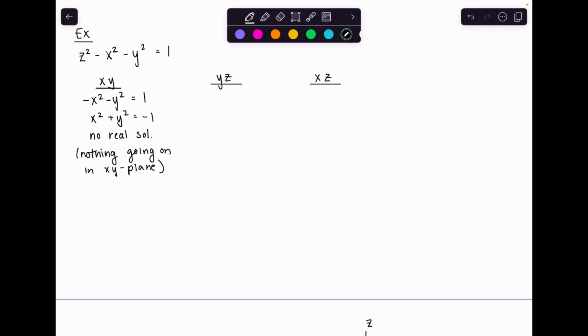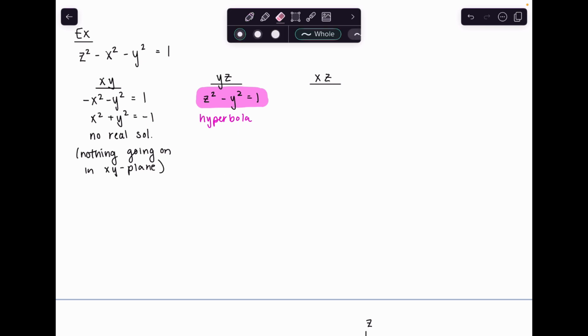Now going through our yz trace, that will give us z squared minus y squared equals 1. And that's great. That is a hyperbola. The only difference is if here is the yz plane, because z is positive, we open in the z direction.